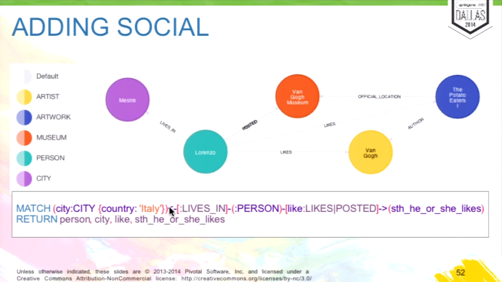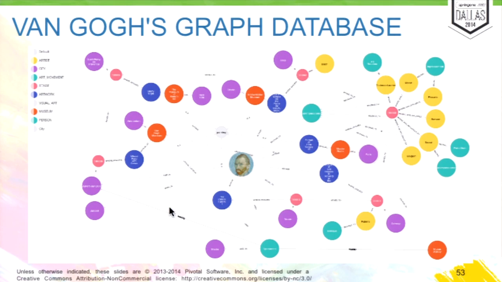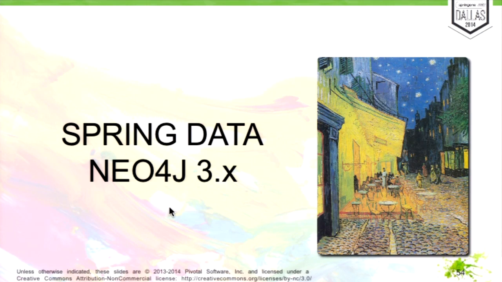This is what we can do, for example, with the Cypher statement. And this is the whole graph. So we have an artist that Van Gogh met during his trip, which is represented with this color. Then we have all the masterpieces he painted, and the museums which host all of these works.